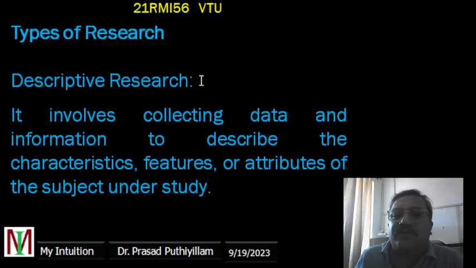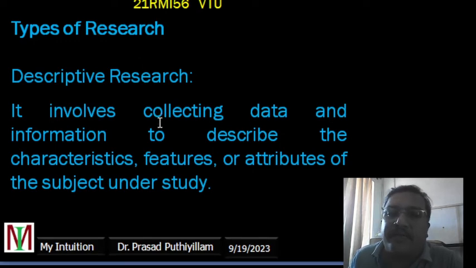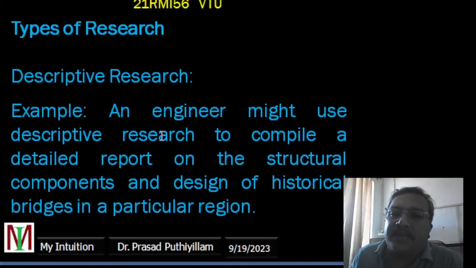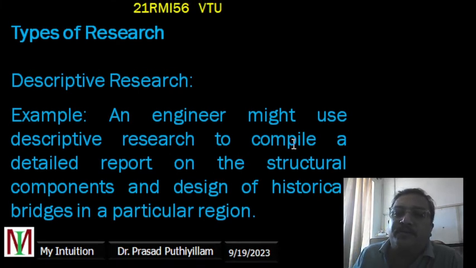This is important: it involves collecting data and information to describe the characteristic features or attributes of the subject under study. For example, an engineer might use descriptive research to compile a detailed report on the structural components and design of historical bridges in a particular region. That is giving the description.